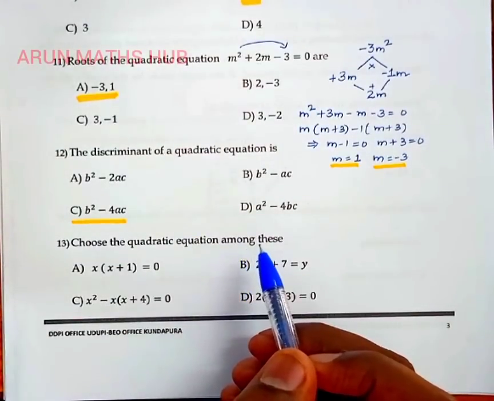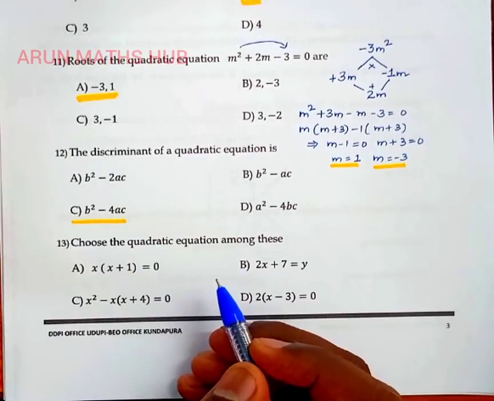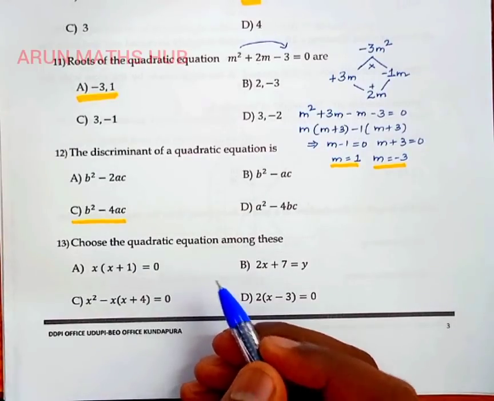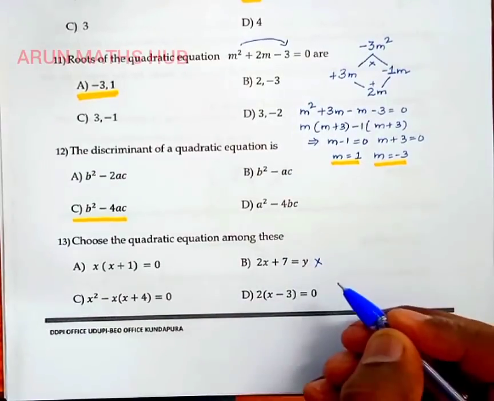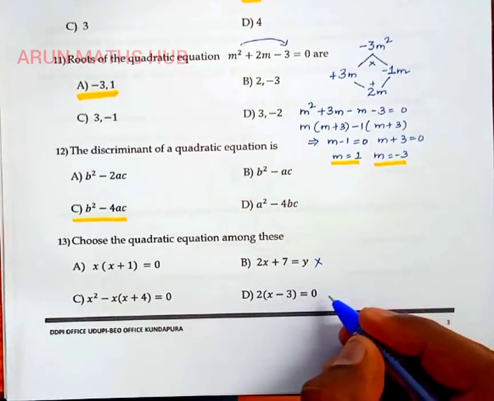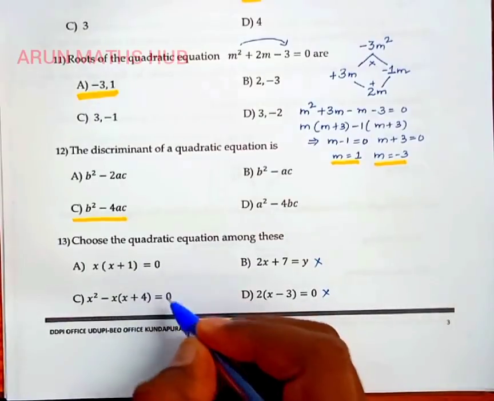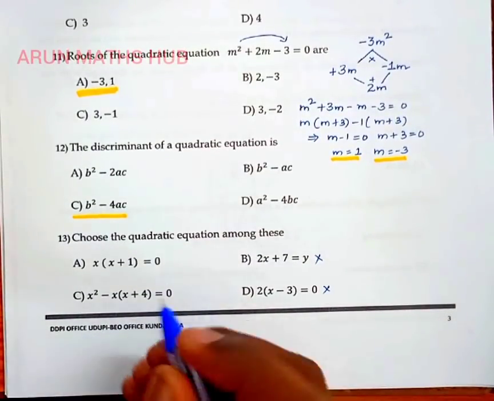Now, question number 13. Choose the quadratic equation among these. Option B will be incorrect because it is a linear equation in two variables, and option D is incorrect because it is a linear equation.